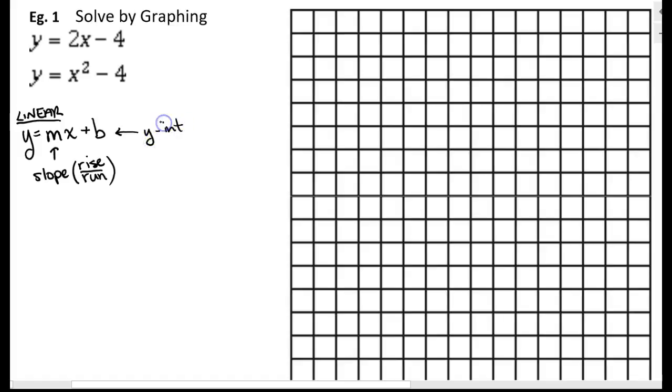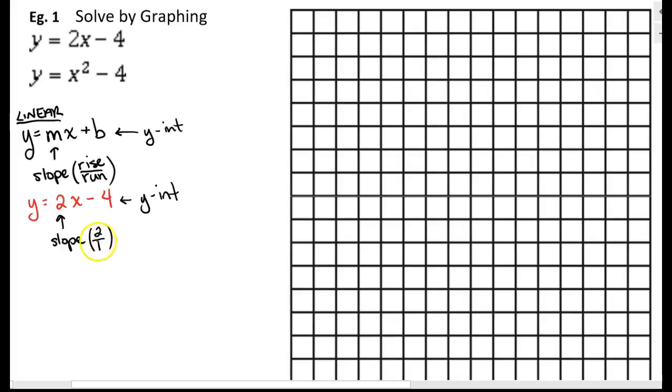So it automatically defines a single point. In our particular case, our slope is 2, and our y-intercept is -4. Slope is rise over run, and we've got a whole number. We can say that it's actually 2/1, rise over run.